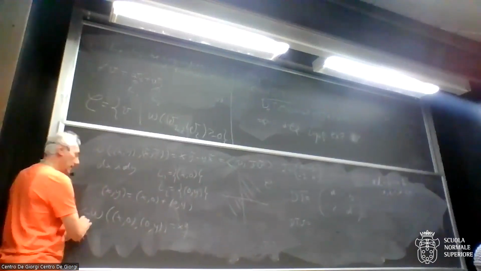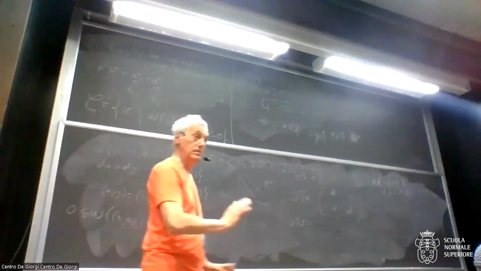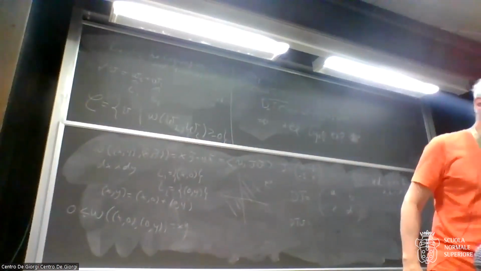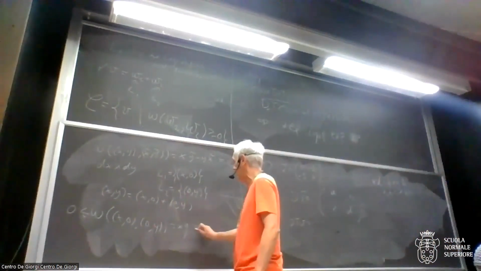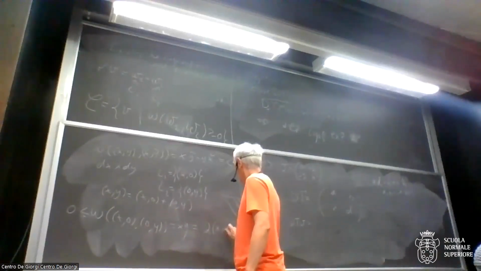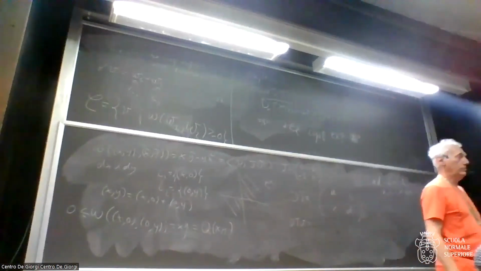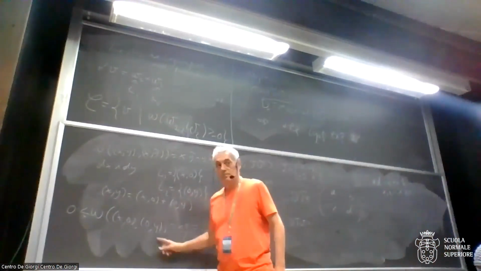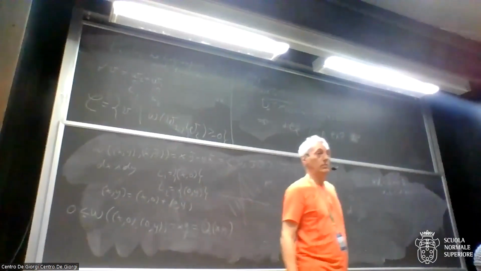When this is not just bigger or equal than 0, but strictly bigger than 0. That is the condition for being strictly inside. So if you want, we can define a quadratic form. This is Q of (x, y), a quadratic form of the vector, because you see it's quadratic. This is bilinear, so it's a quadratic form.